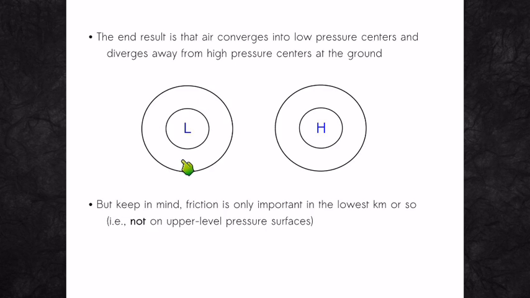That's still true, but because we're adding friction, they're not quite going to be along the contours anymore. Instead, they're going to veer a little bit towards lower pressure. And so the end result is something that looks kind of like this: roughly along the contours in the counterclockwise direction, but veering a little bit across because of the effects of friction.